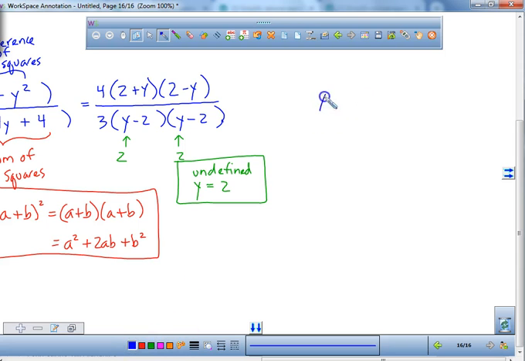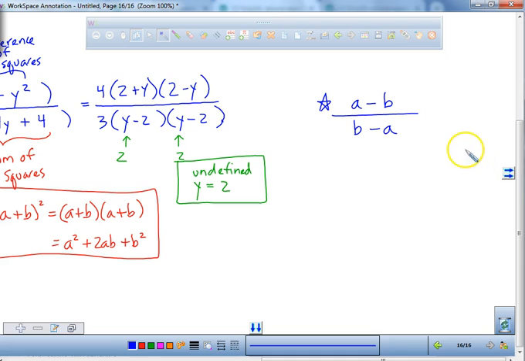This is the most important rule you need to know. If I have a minus b, and I have b minus a, they will always reduce to a -1 as long as b minus a doesn't equal 0. Okay? So b minus a cannot equal 0. Let's figure out something here.